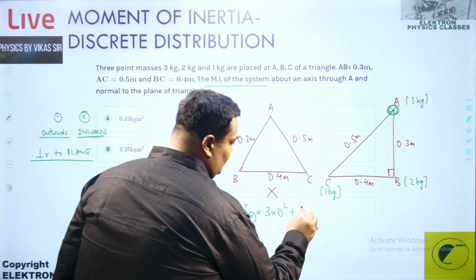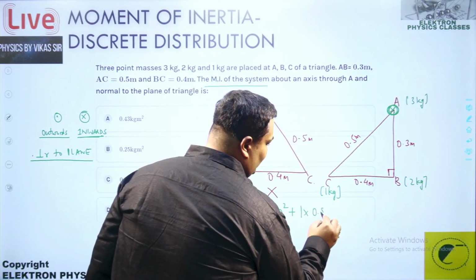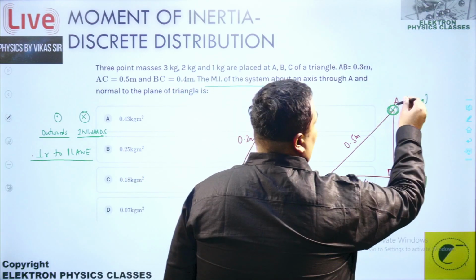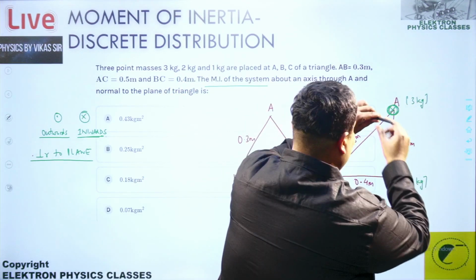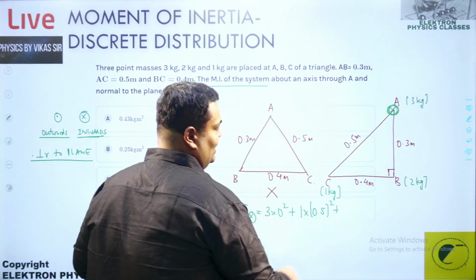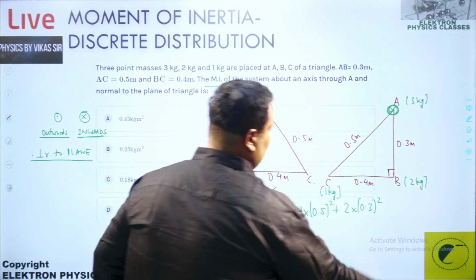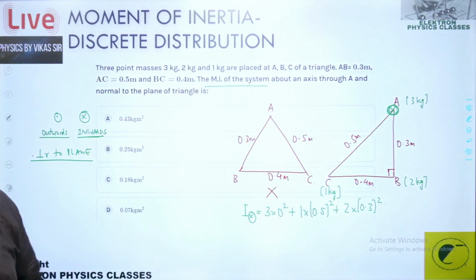So that's 1 into 0.5 square. And for this one, once again, this is the axis and this is the perpendicular distance. So that is plus 2 into 0.3 square. That's it. All the three particle perpendicular distances are over.